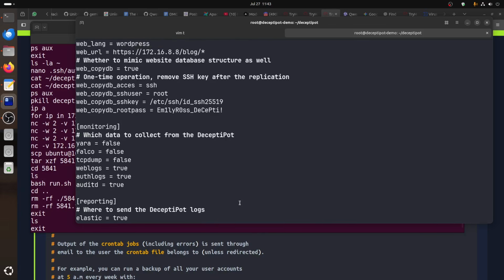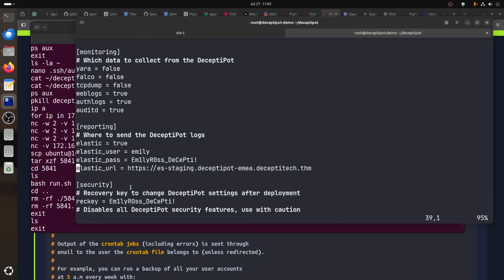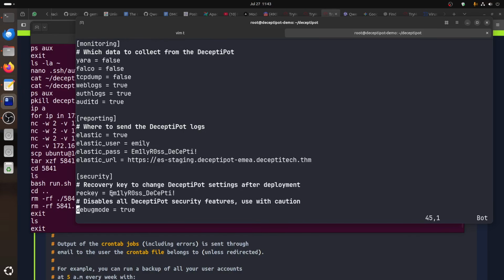And you can see copy db root password, so we have a root password here. What I'm looking for is the elastic password, elastic recovery key. So we got the recovery key here, so we can just copy it.